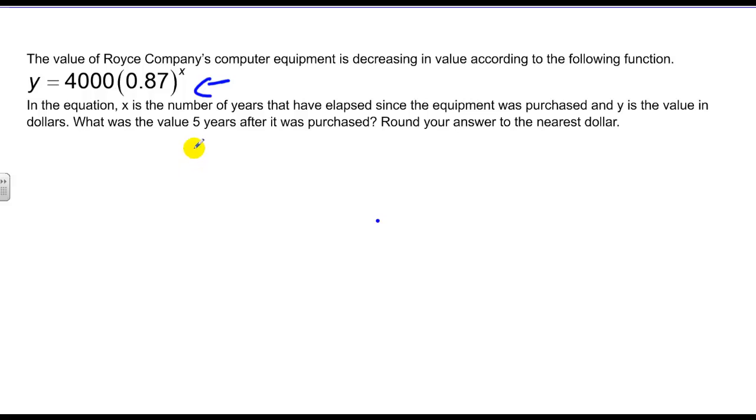We want to know the value after 5 years. So basically all they're really asking you to do is set x equal to 5, plug in and solve. So in this case I have 4,000 times 0.87 to the 5th power. And we can just pop that in a calculator. Let's go ahead and do that.